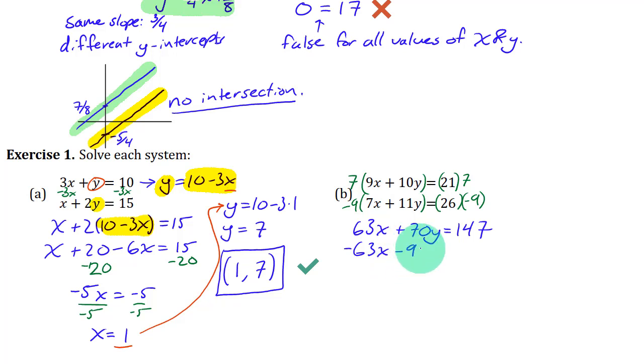minus 99y equals 26 times negative 9, which is 180 plus 54, is negative 234, I think.